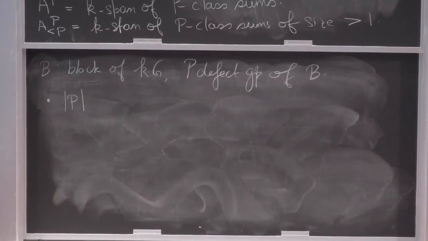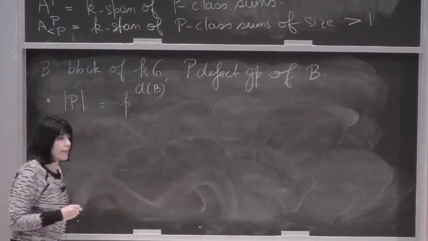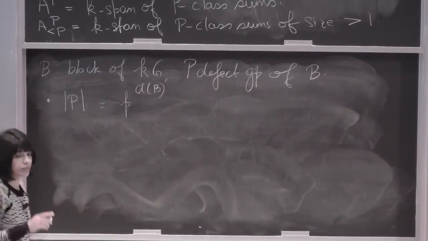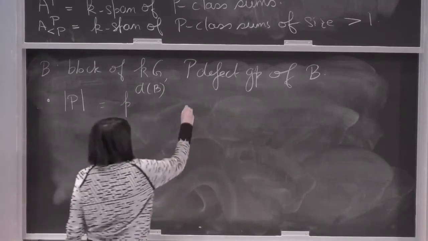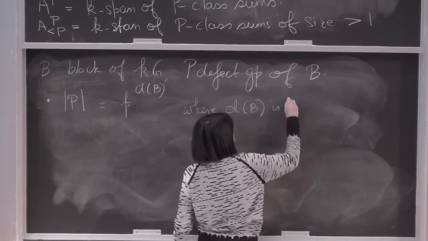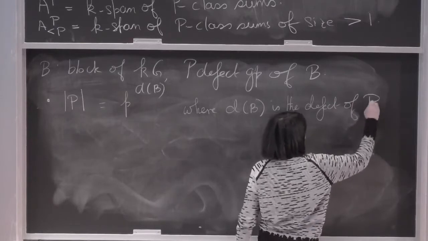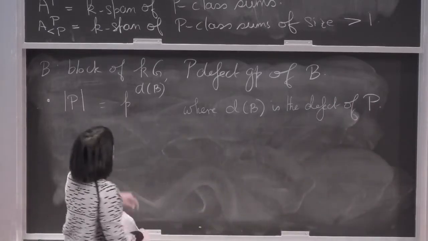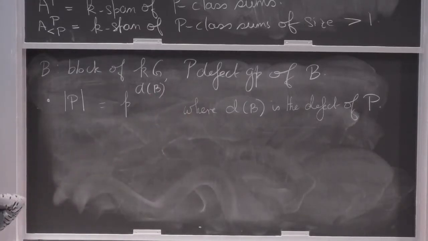The order of P is p to the defect of B, where d(B) is the defect, the number that I defined in my last lecture.